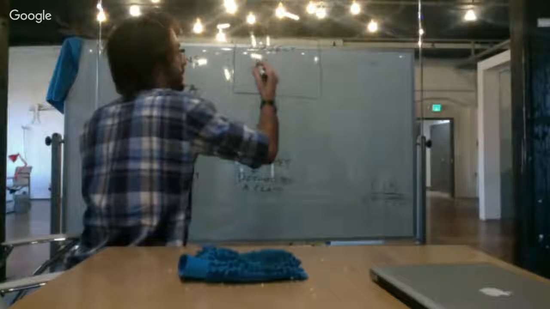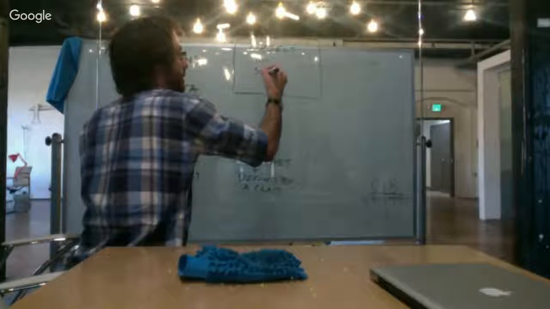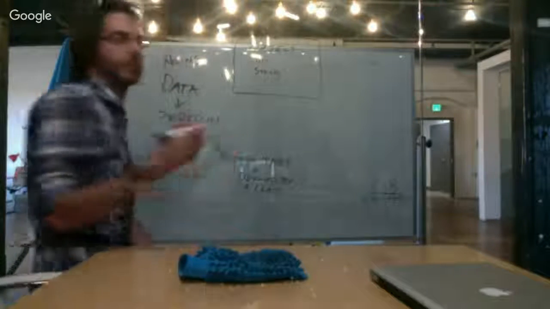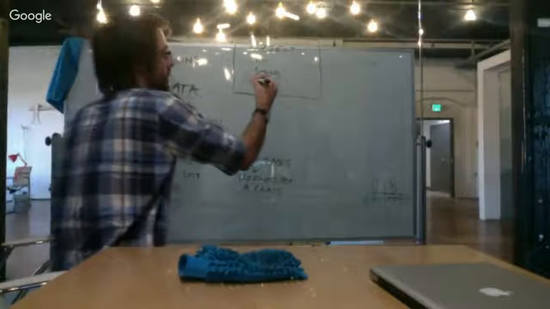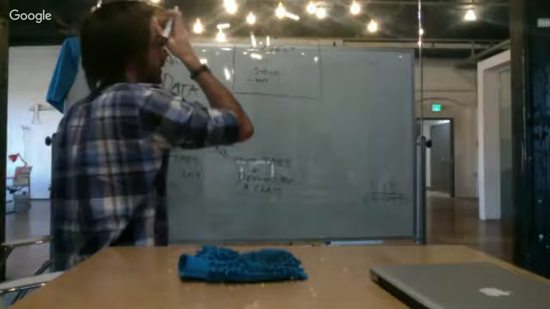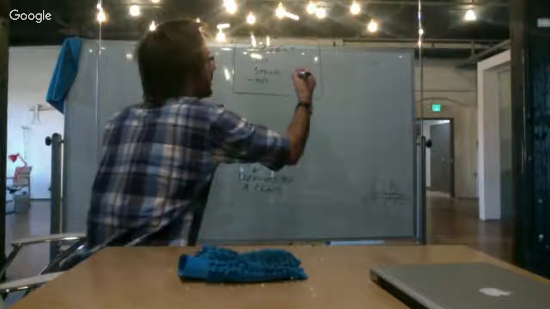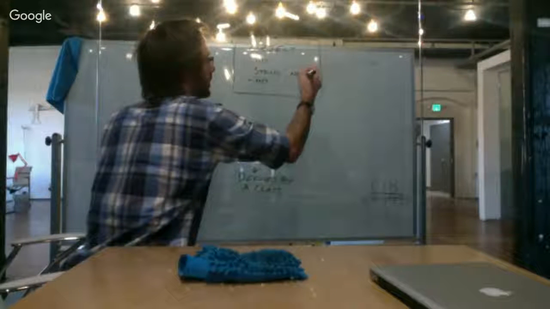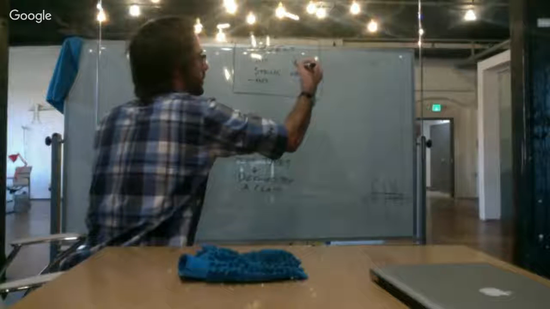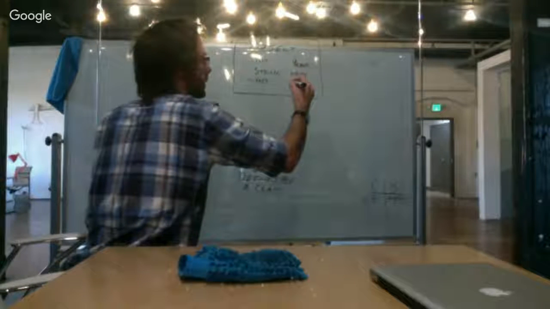It's got an integer, it might have a string, it might have another integer. Let's get an example. Name. Oscars.